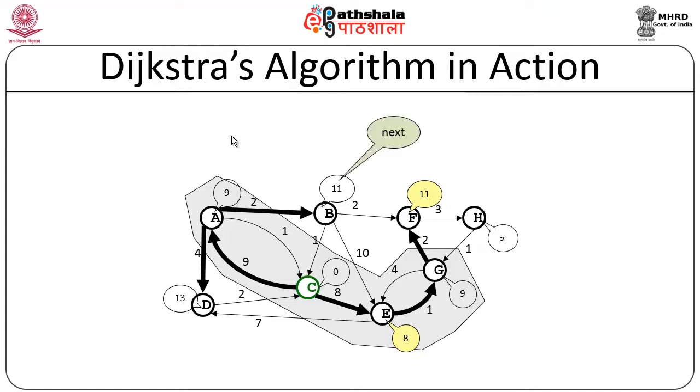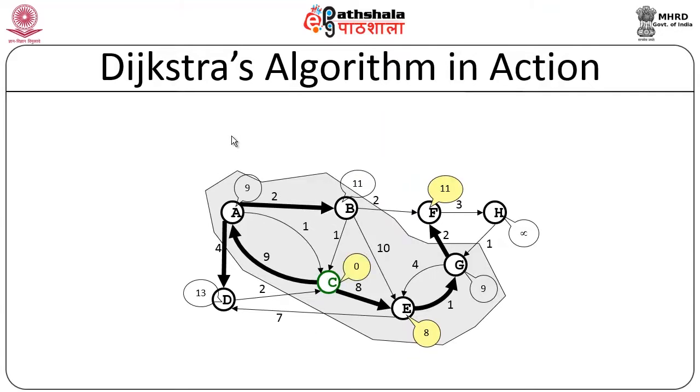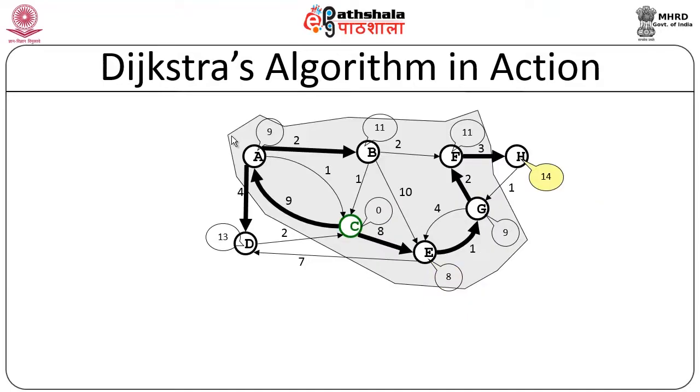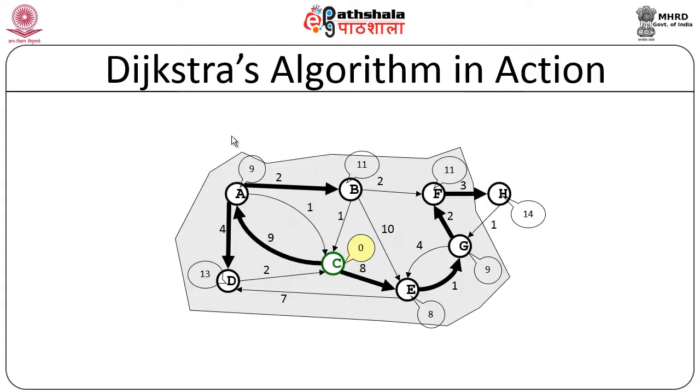The next one, you could have selected B or F, we select B. So, that comes into the node, and the next is the 11 one, because 11 plus 2 is 13, so that you should not consider. Then you have an H going there as 14 and 13 here. So, D is connected next, and finally, F is connected.